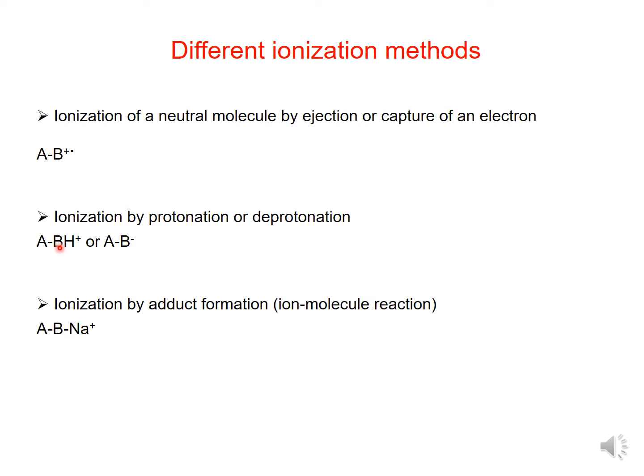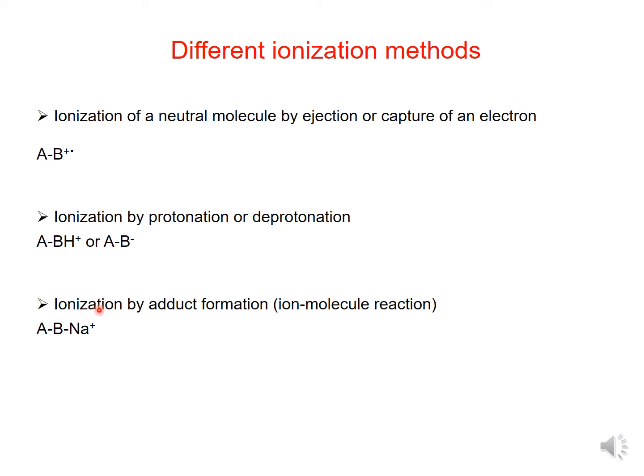Then if I want to calculate the mass of my molecule AB, I have to perform the measurement of this compound, the molecule plus H+, and subtract a proton. And if I perform the deprotonation, I lose a proton, and then I have to add the mass of a proton if I want the mass of my molecule. We will see that during the practical work.